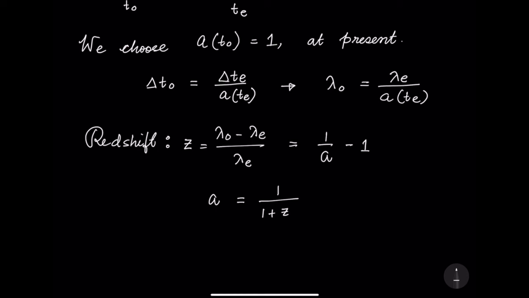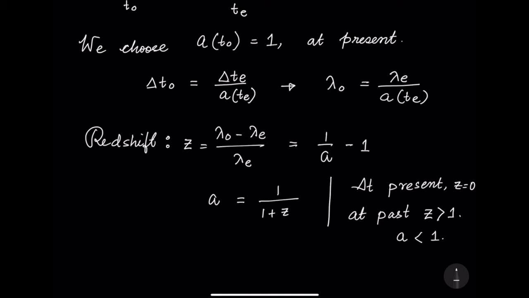So at present, A equals 1, the redshift is 0. In the past, as Hubble observed, Z greater than 0, so A must be less than 1.